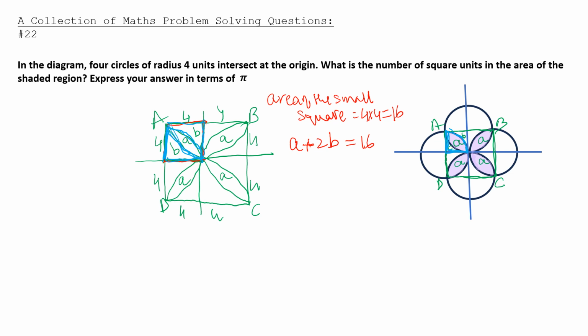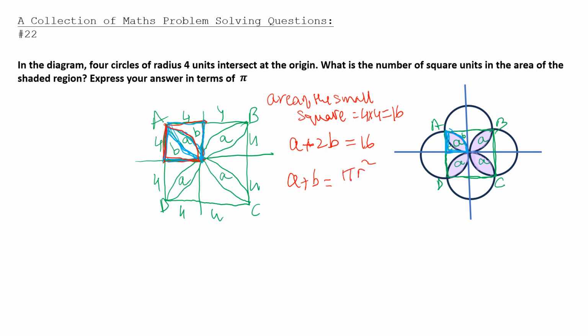So this is overlapping two quarters of two circles which are the same in area, being the same in radius. So A plus B, the area of the quarter circle, equals the quarter of a circle.